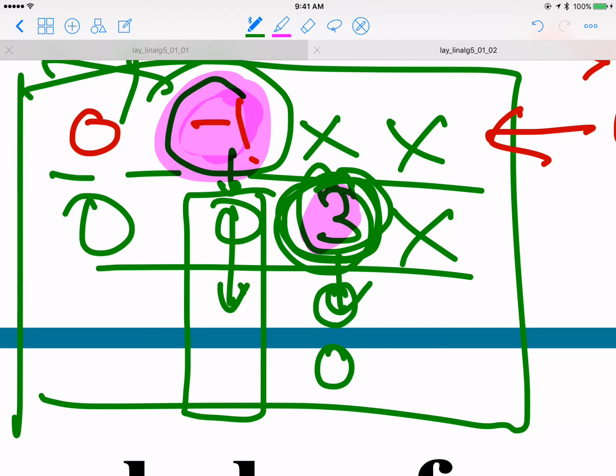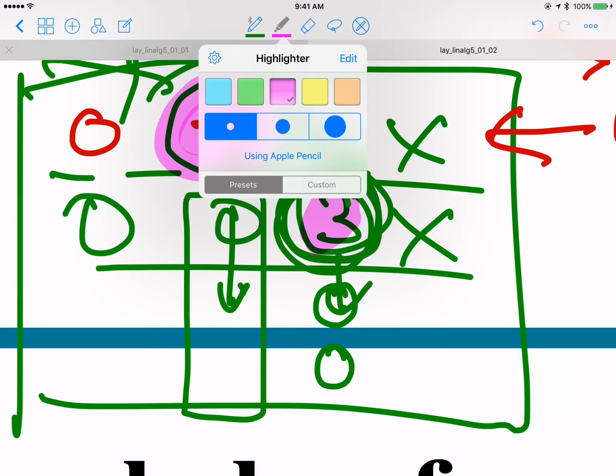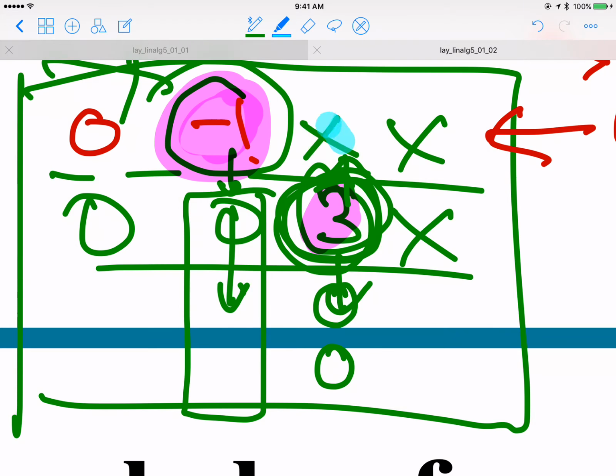But in the case of reduced echelon form, we also look in the upper direction. If we look in the upper direction, we also see this value. We didn't care about what this value is before, but now we care about this value, and see if it is also 0 or not.